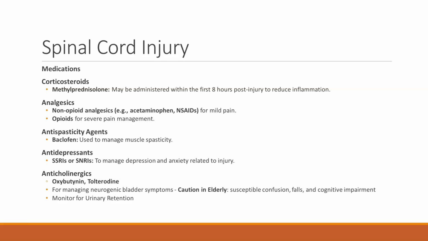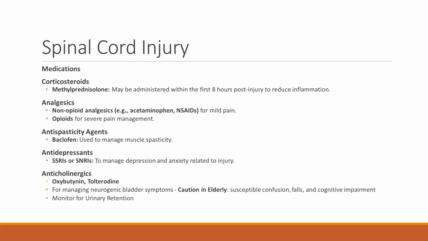Our anti-spasticity agents, so baclofen, and that's going to be for muscle spasms. We want to decrease the number of muscle spasms to promote comfort. It's a basic care and comfort, pharmacology type of thing. Antidepressants, because as you can imagine, this is going to be very emotional for our clients.